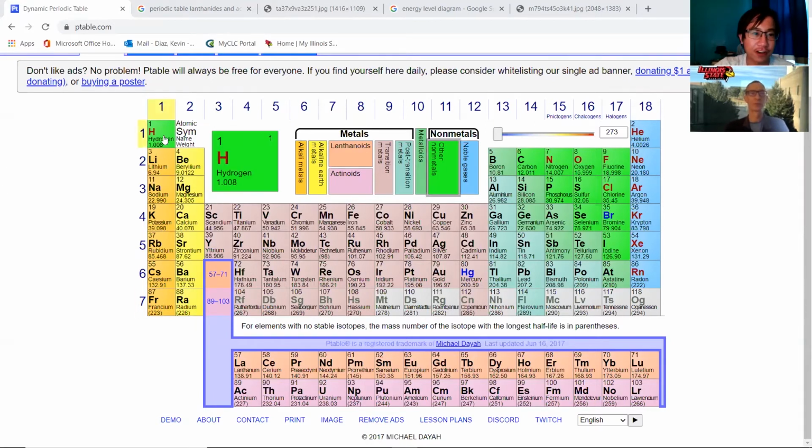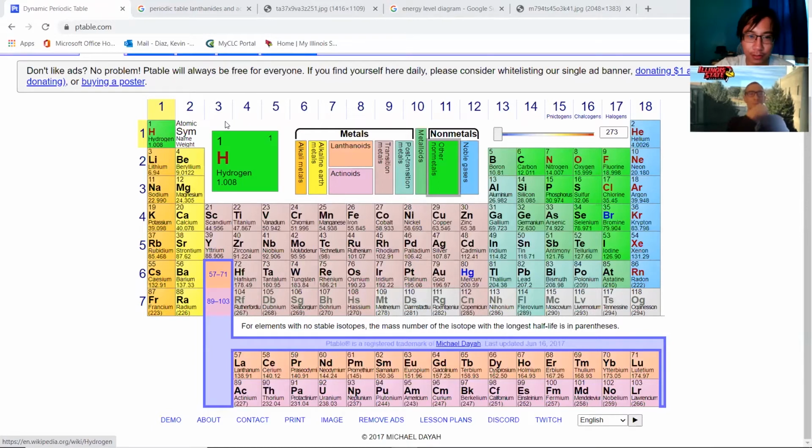So over here, I'm highlighting hydrogen. It's zoomed in. You can see that top number in the top left-hand corner of that box. That's the atomic number. Then we have the element symbol, the element name, and the molar mass of that element. And so that's for each element.